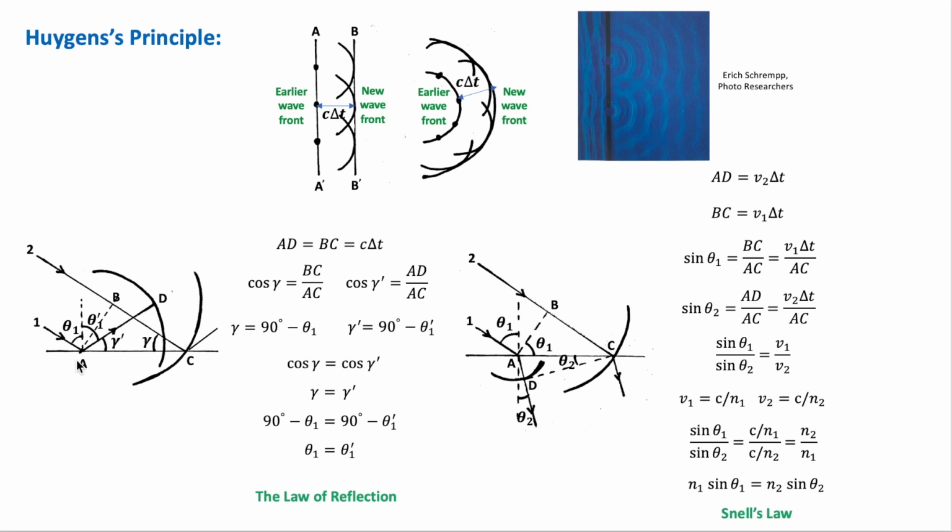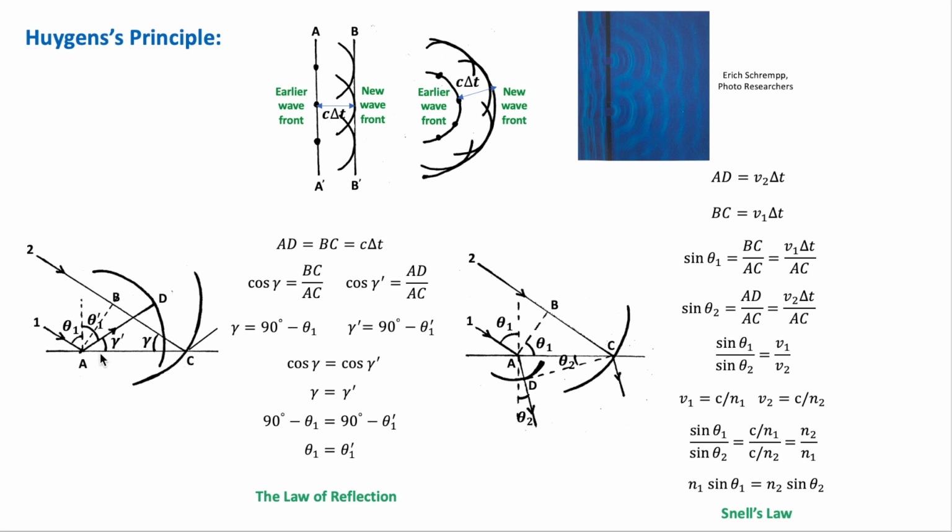At the same time A emits a wavelet, the point B also emits a Huygens wavelet, because as we said from Huygens' principle, each point on the wavefront is a source of a wavelet. So B will emit a Huygens wavelet, and at a later time of delta t, it will arrive here, passing through C. This time interval is the time it takes the second ray to strike the surface.